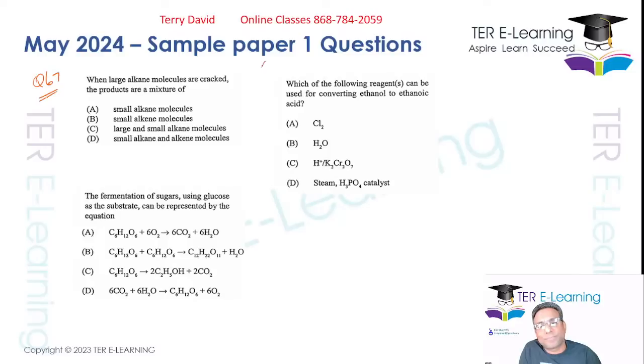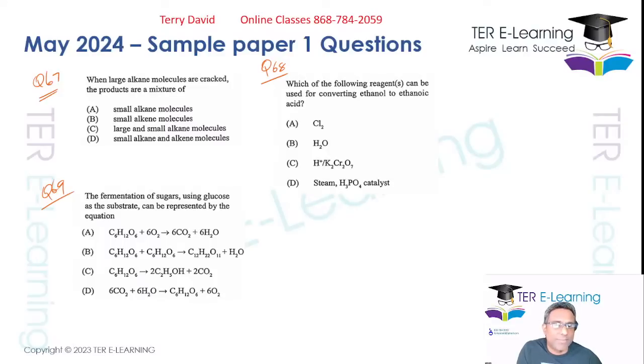Question 67. When large alkane molecules are cracked, the products are a mixture of what? There are many different versions of this question.